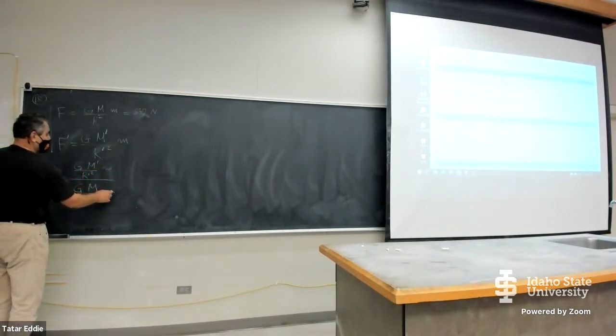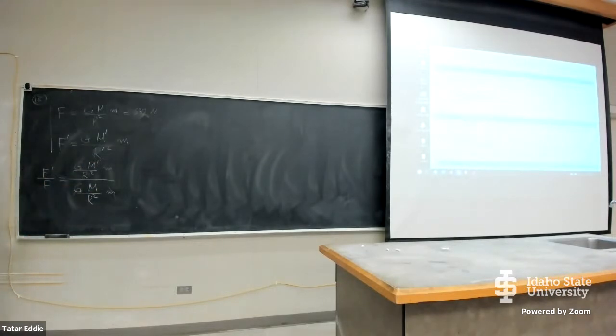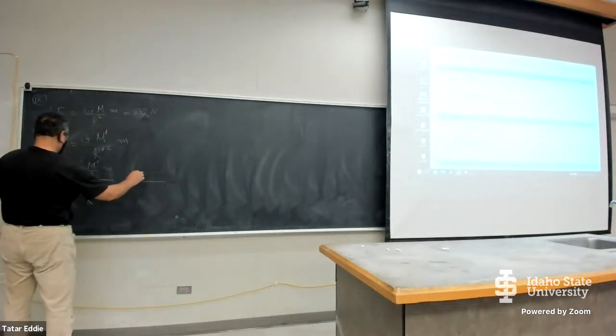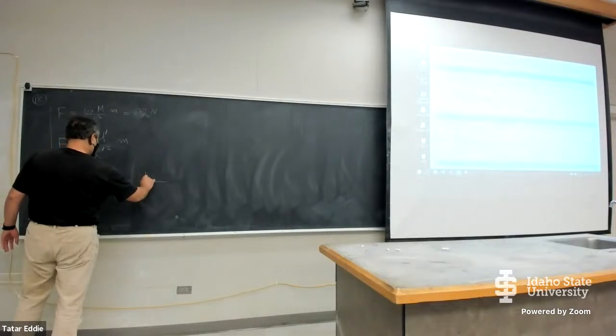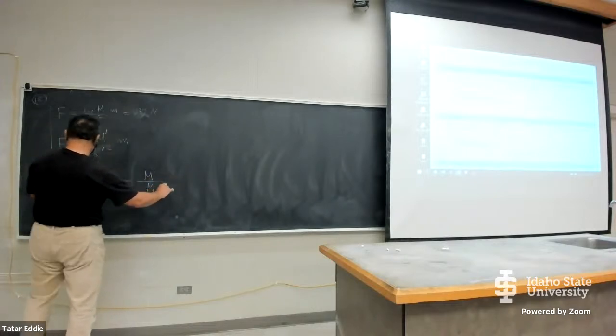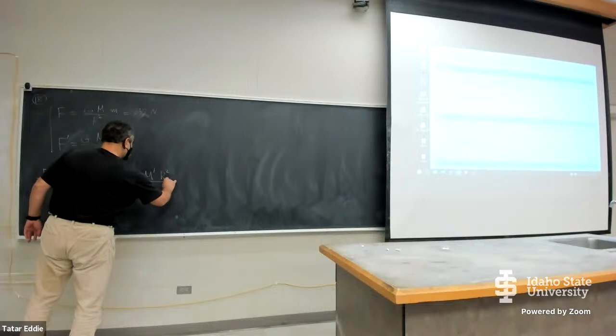The mass of the person cancels out. Newton's gravitational constant cancels out. And you have division of two fractions, and that you can say is M prime divided by M times R squared divided by R prime squared, like this.